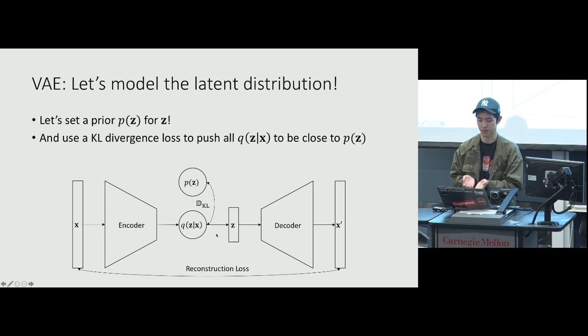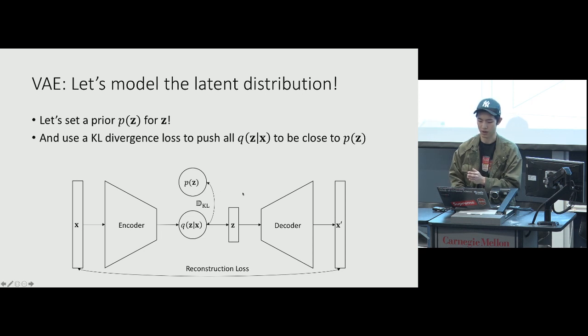So this sounds simple enough. Basically, this is what we have for our autoencoder story. We want to somehow compact or squeeze this x into a latent representation, and we want to reconstruct an x out of this latent representation.